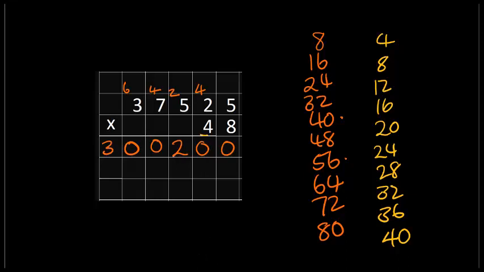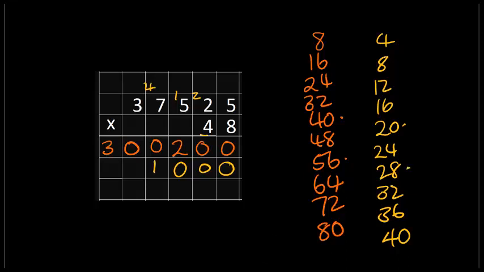Next one, we're going to multiply by 40. So I start by writing my 0 at the bottom. And I say 4 times 5 is 20. That's 0. And I'm going to carry the 2 over. 4 times 2 is 8. Plus 2 is 10. So that's 0. Carry the 1. 4 times 5 is 40. 40 plus 1 is 41.